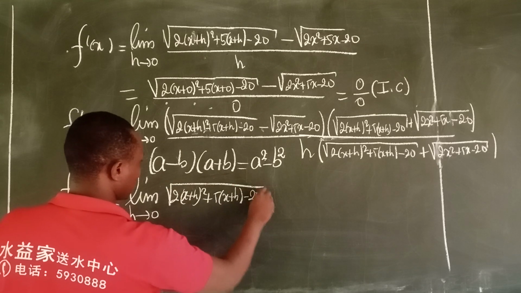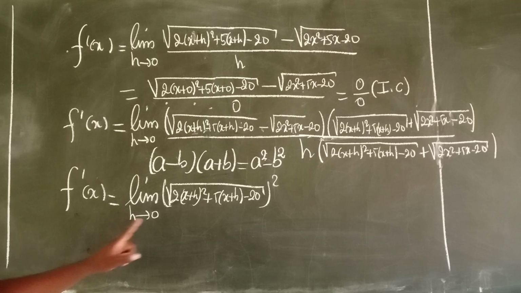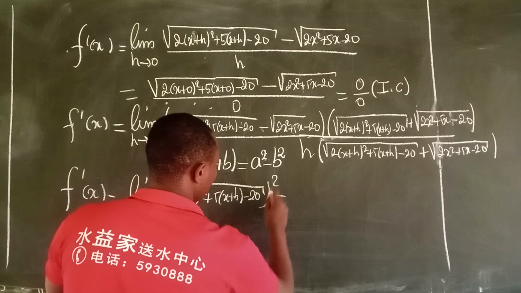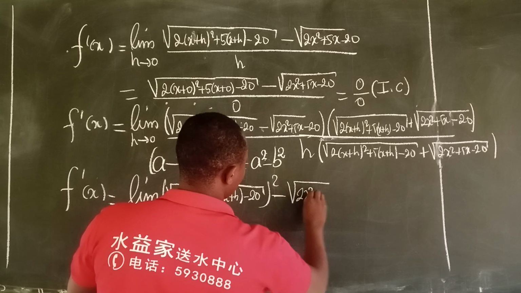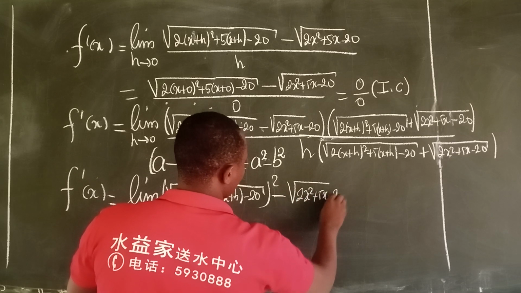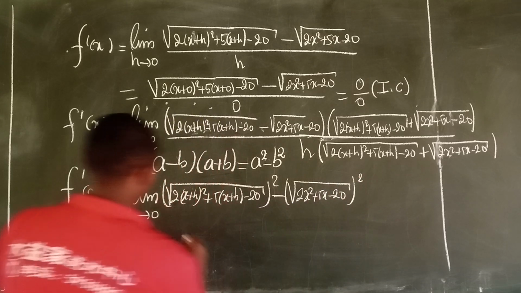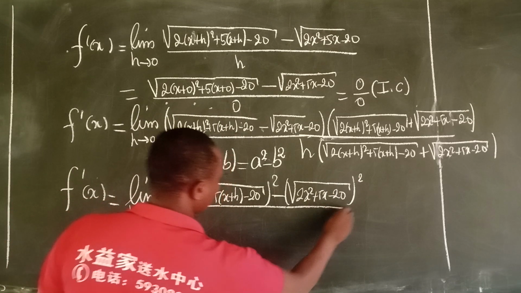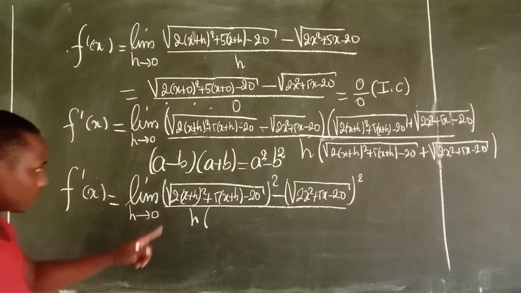Here is the square root. As said, we square it. Minus the square root of 2x squared plus 5x minus 20, squared, over h into what?